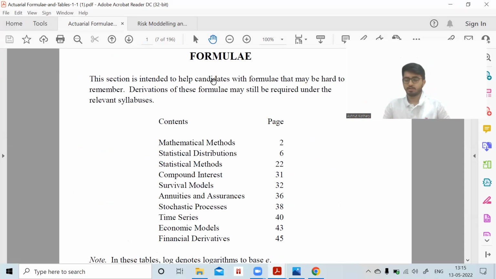Statistical distributions, in case you do not recall from your early studies of CS1 or CT3, you would be requiring them. Then the new section of interest would be the statistical methods. Along with that, section 38, stochastic process, time series, would also be there. And then obviously from page number 160 onwards, where the probability tables or the percentage tables are, these would also be required. So that is the particular part which I wanted to discuss, which sections would be required from the actuarial tables in CS2.